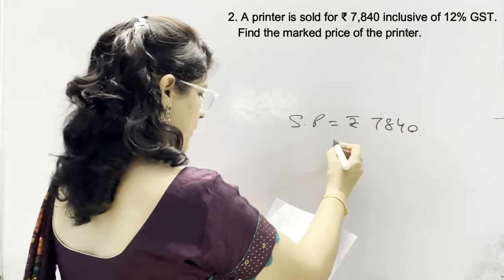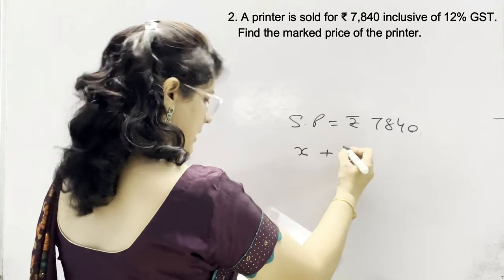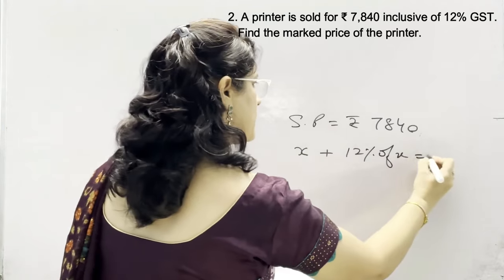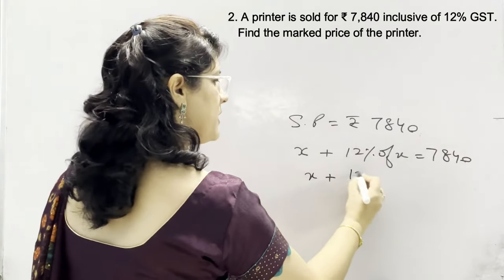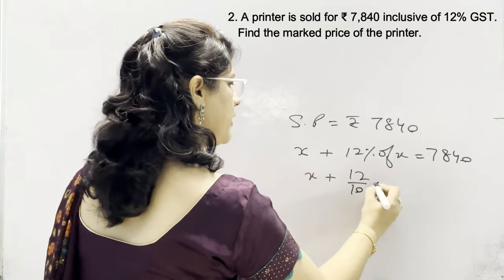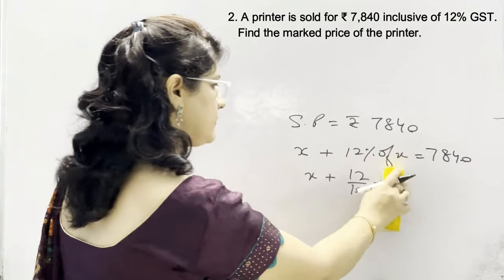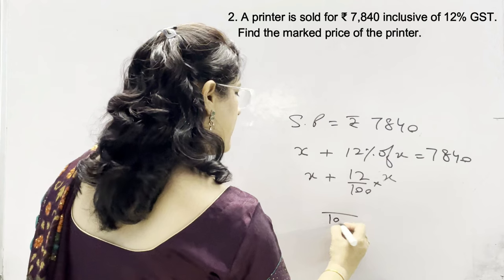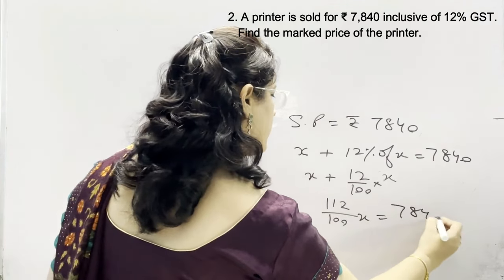7840 inclusive of 12% GST. It means if X is the marked price, then 12% of X plus X is equal to 7840. So X plus 12% means 12 upon 100, of means multiply, and then X. So in these questions, this 100 comes here and LCM 100, then 112x is equal to 7840.